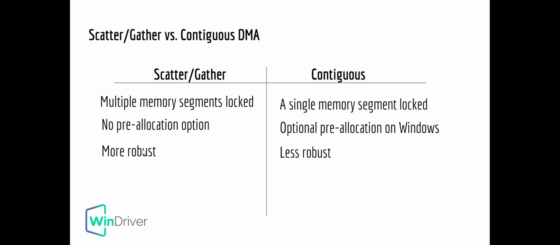So scatter-gather is more robust, contiguous is less robust. We saw that it is easy enough to allocate a scatter-gather memory section. However, it might be more challenging to manage it.